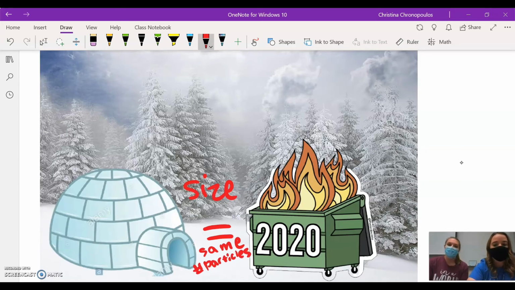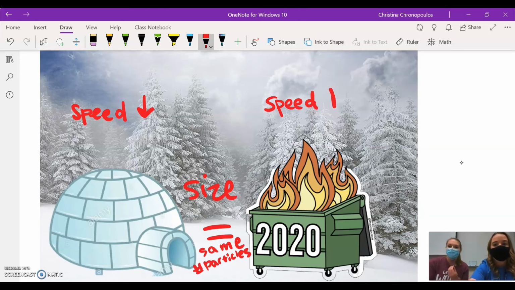So the igloo is at a lower temperature, and because of that, it has slower moving molecules. Its speed of the molecules is slower. So even when you add up all of the individual molecules, it will have less total energy than the molecules in the dumpster fire because the molecules in the dumpster fire are moving much quicker.